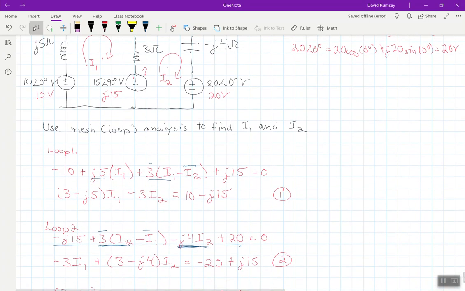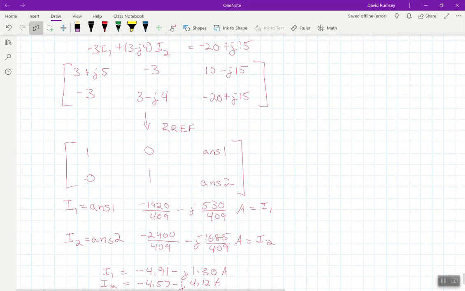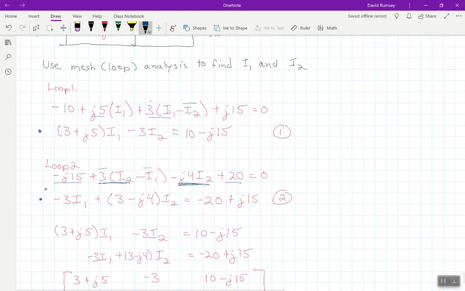So when you're doing these for your homework problems, make sure to write out as many details as possible, because if you want to earn a majority of the points for a question, if you can get these two equations done correctly here, even if your answer is somehow wrong because you did something wrong in entering it in, you're going to get at least 90%, if not more, of the points on the problem.